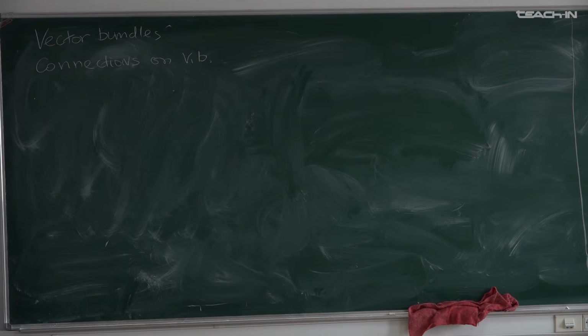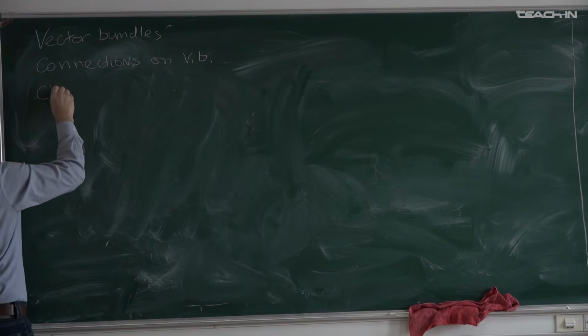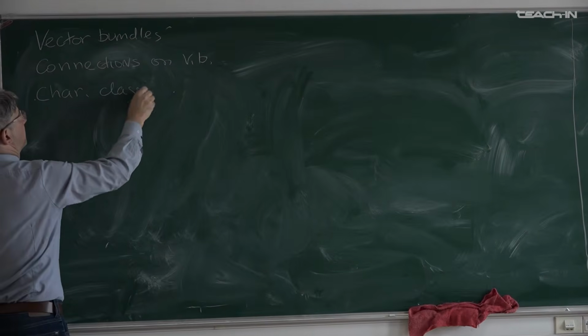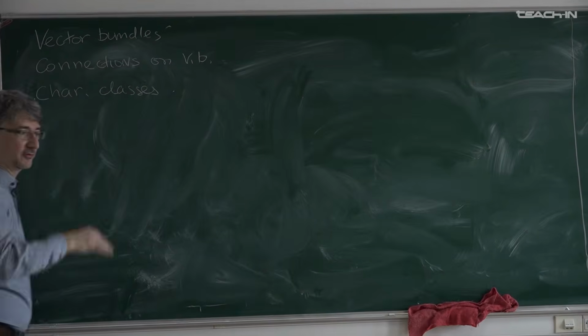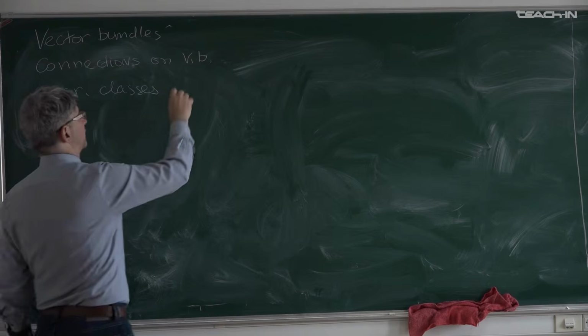And after that we pass to the title of our course. We will discuss characteristic classes. The theory of characteristic classes is very huge, and our approach will be based on differential geometry.